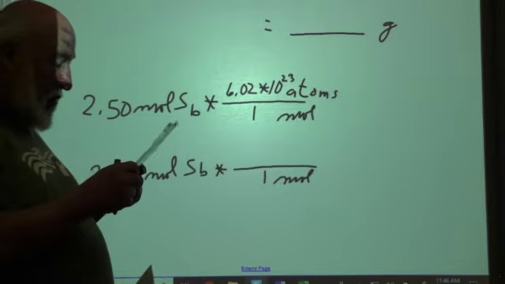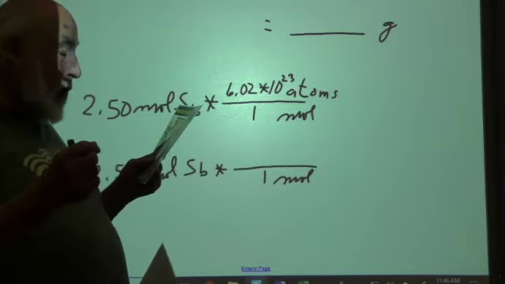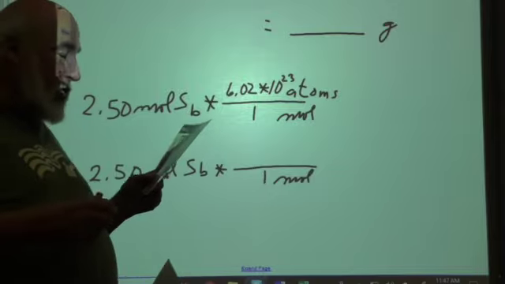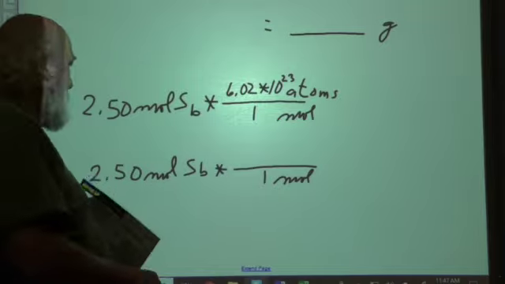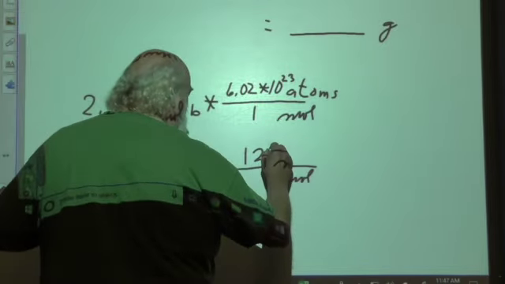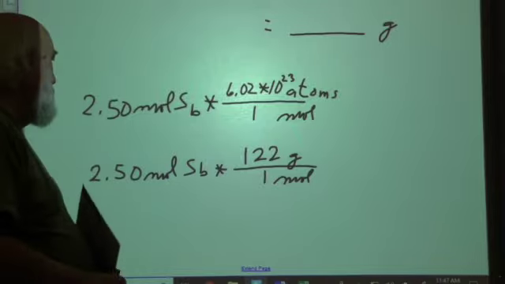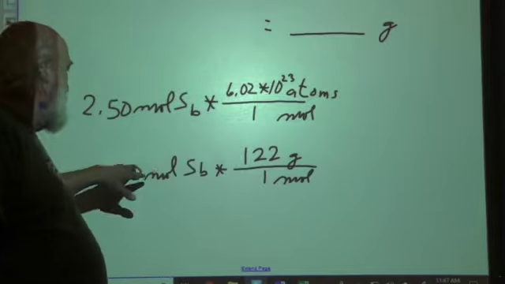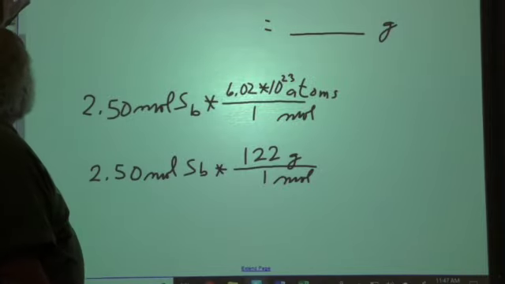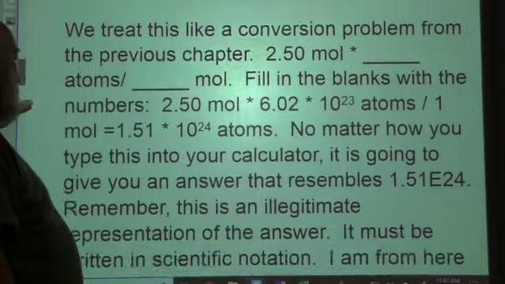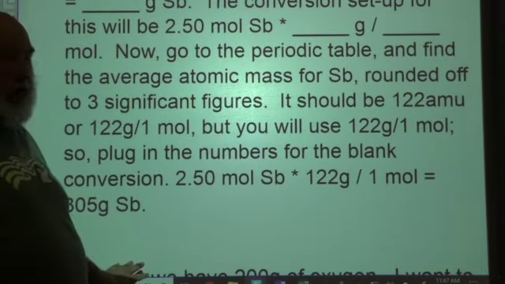So we find Sb, number 51, and round it off to 3 sig figs. It says 121.760. So the 121, and then there's a 7 after that. We've got to kick it up to 122. That becomes 122 grams per mole. And again, these are both on top, so they're multiplied: 2.5 times 122. And we get for an answer 305 grams of antimony.